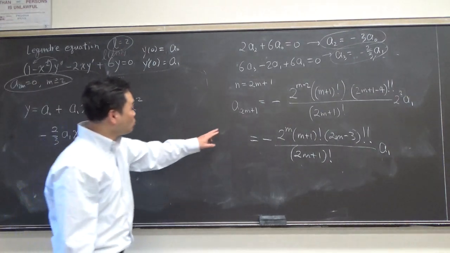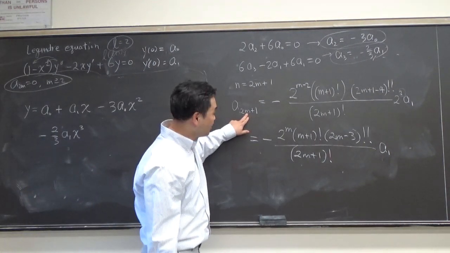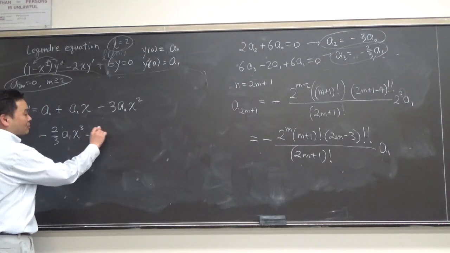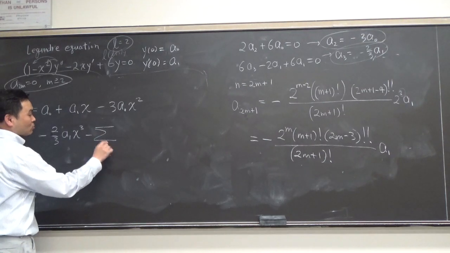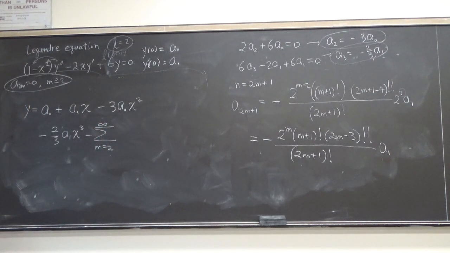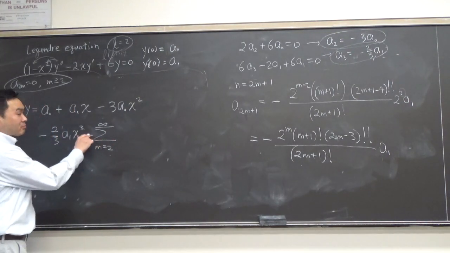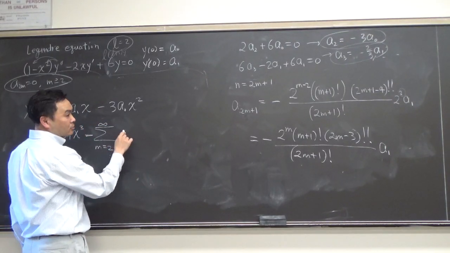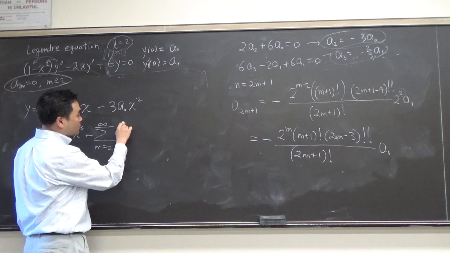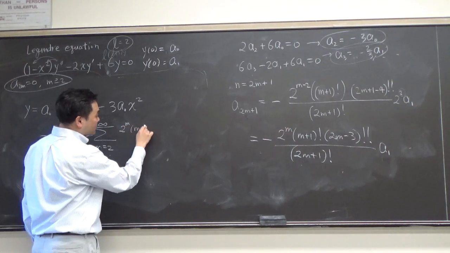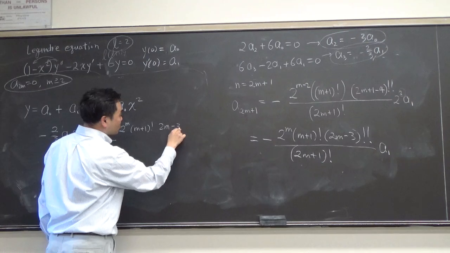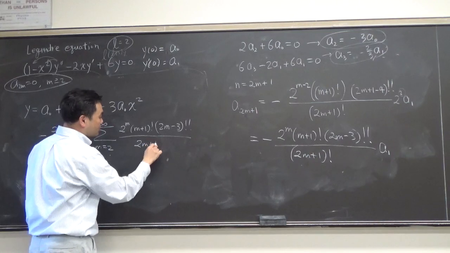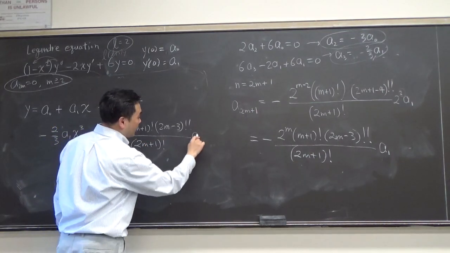But then starting from m equals 2 and above, the values are these, okay? And it's a summation, so it's a summation for m equals 2 to infinity. I pulled the negative sign in front, so I just have to write everything down without the negative sign. So you have 2 to the m plus 1 factorial, 2m minus 3 double factorial, over 2m plus 1 factorial, A1.